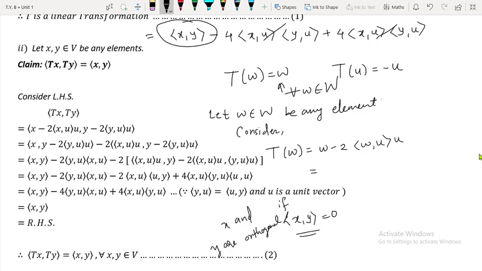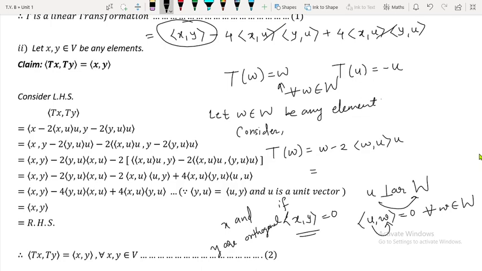Now over here what is happening is, this u is orthogonal to W, so the meaning is inner product of u with every element of W is going to be 0. I hope you are getting my point. Since this u is orthogonal to W, what is the meaning of it? It means that inner product of this u with every element of W is going to be 0.